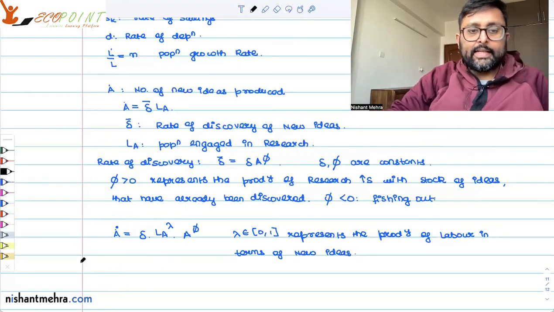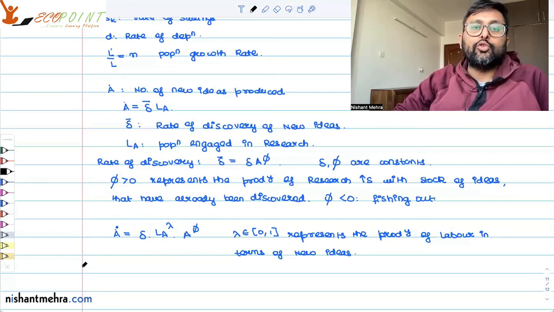So phi is the externality associated with the standing on shoulders effect.